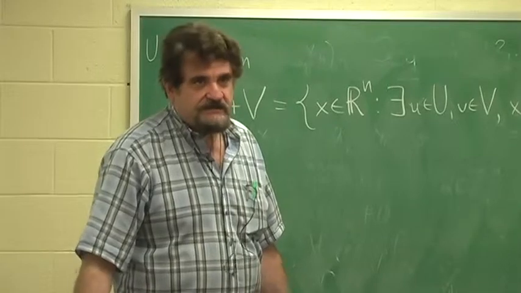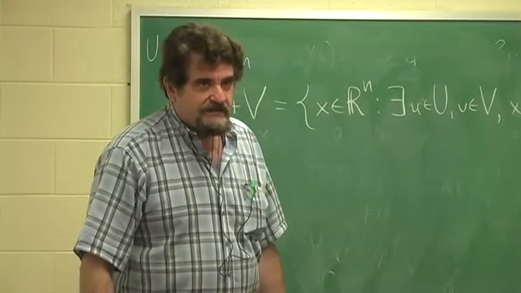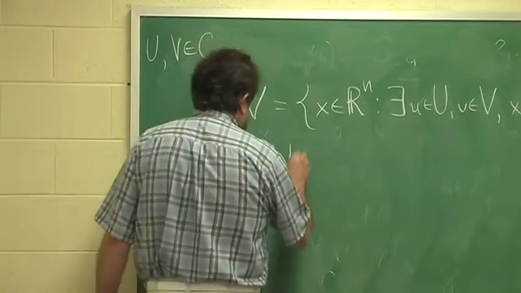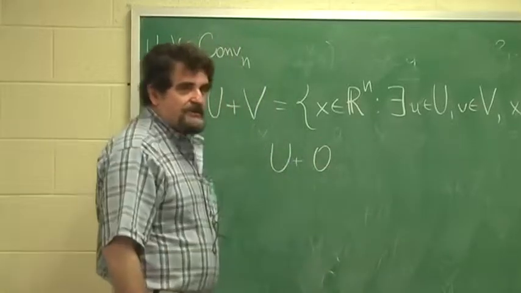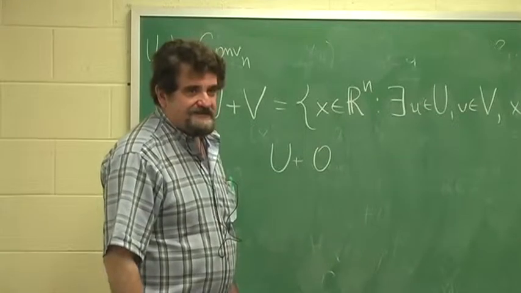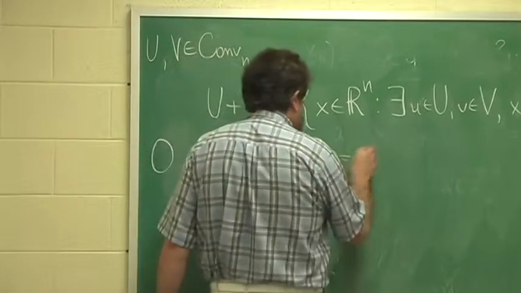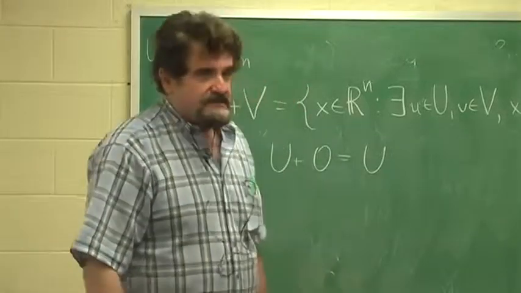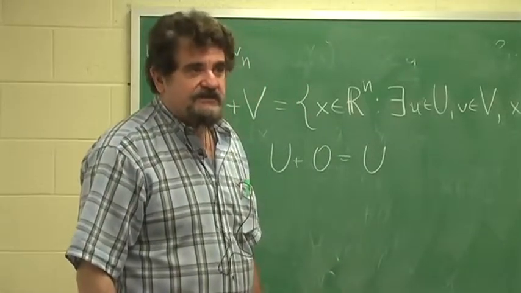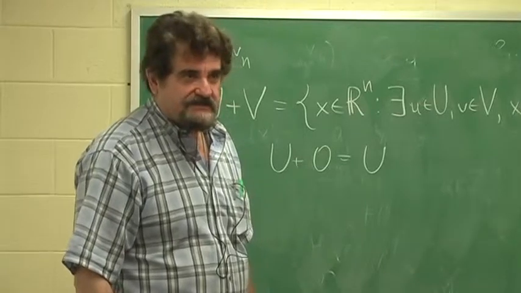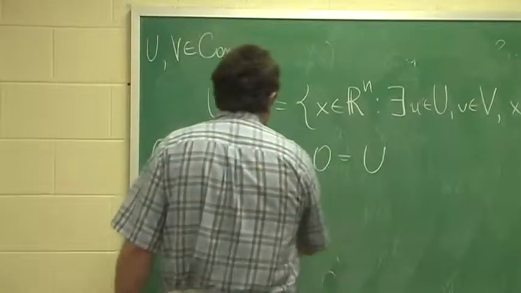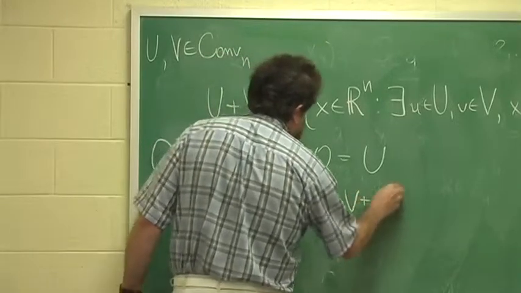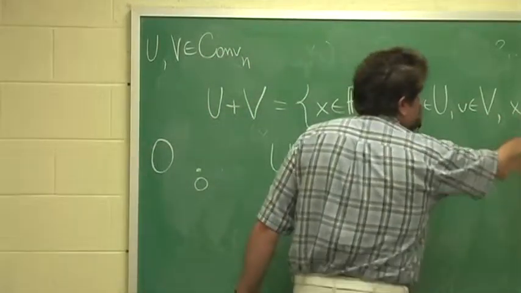Is it convex? Yes, it is a convex body. If I add U plus 0, what do I get? U. That's good. So with respect to this addition, this is the neutral element. Then definitely U plus V equals V plus U, because the order is not important.